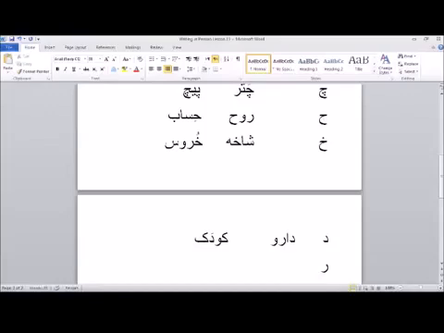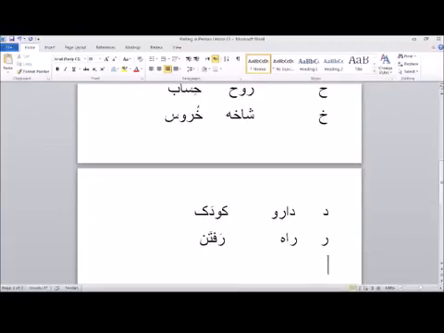We had re, like r, a, ra, and this he is the Persian he. This is the Arabic he, this is Persian, but both of them for us have the same pronunciation. Ra means road. Also r, a, f, t, a, n, raftan, the infinitive of to go.